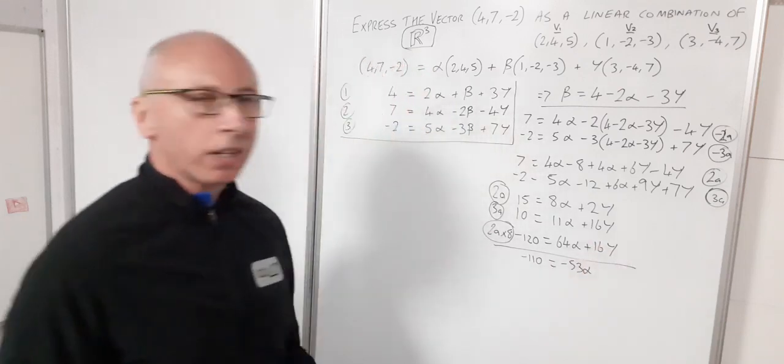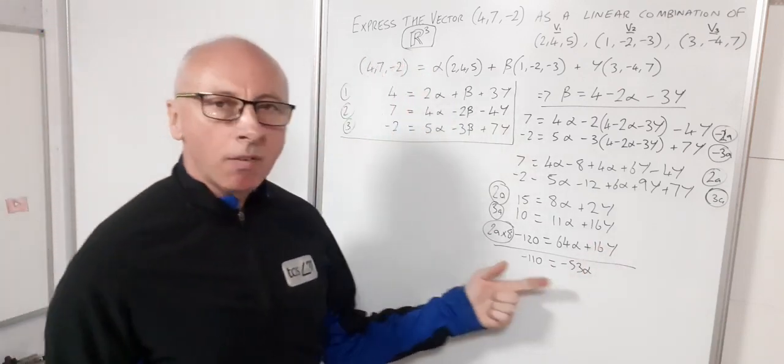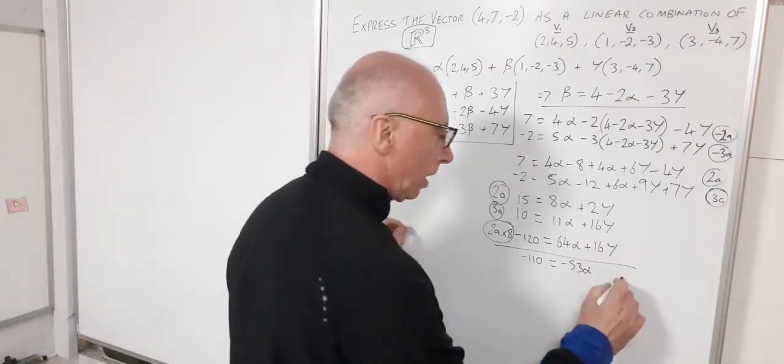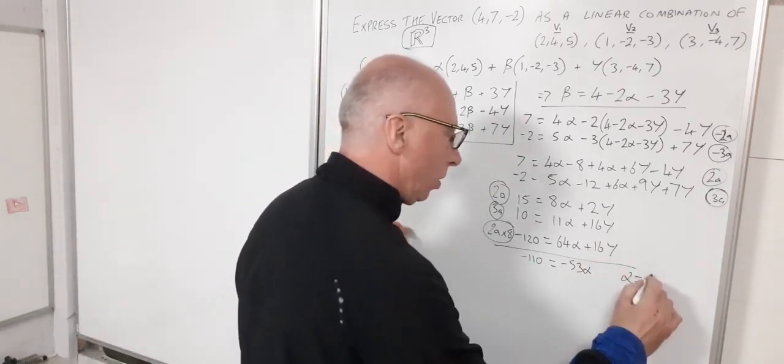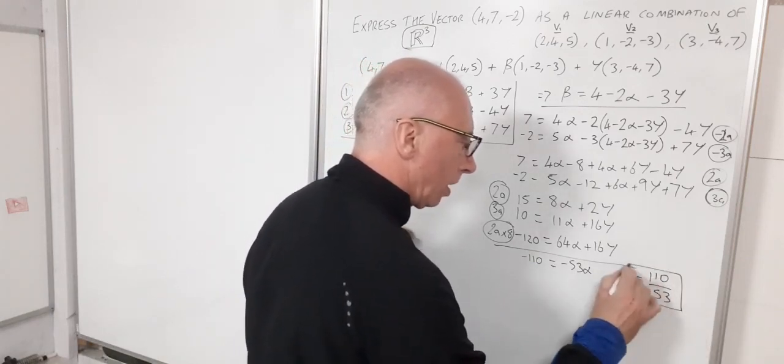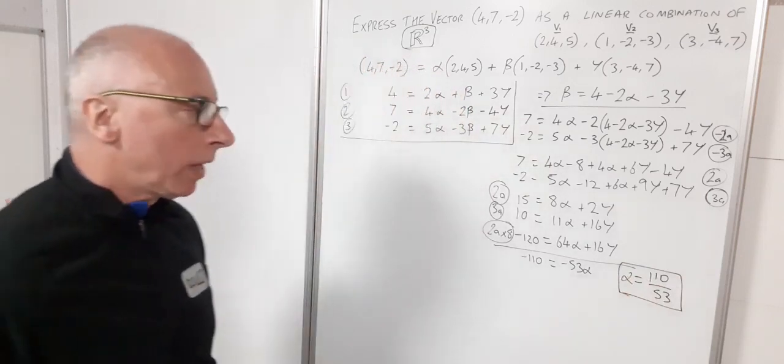Subtract those two, the gammas disappear. So now to get alpha on its own, I divide both sides by minus 53. So that's going to give me alpha equals 110 over 53. So that's my first variable.